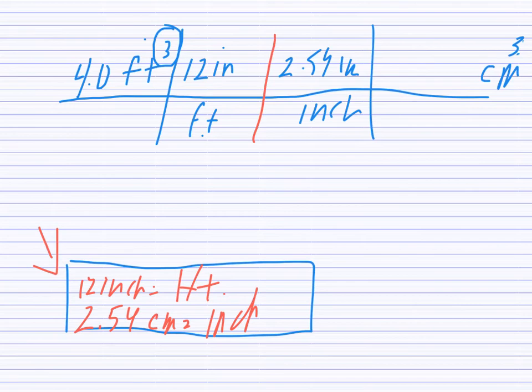But mathematically, what we can do is we could take this whole fraction and cube it. Now, when we cube it, the important thing to realize is not only are you cubing the numbers, this would be 12 cubed, and this would be 1 foot cubed, but you're also cubing the units, which is what we really want.